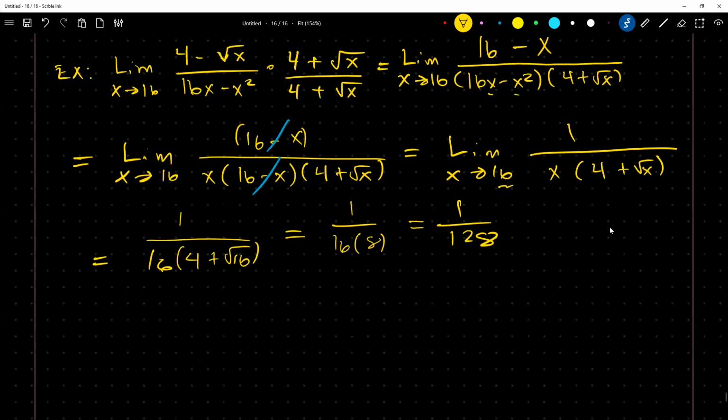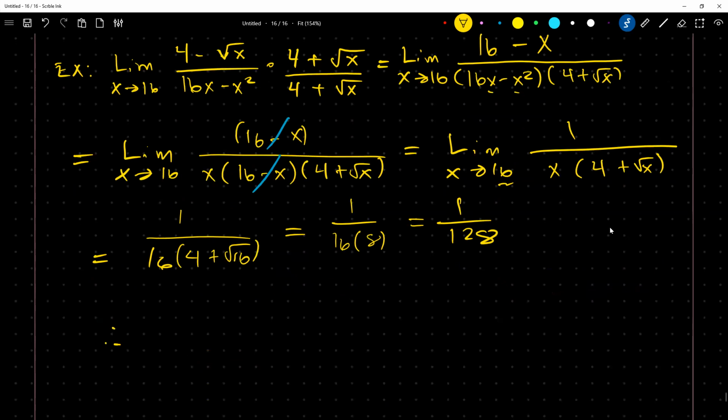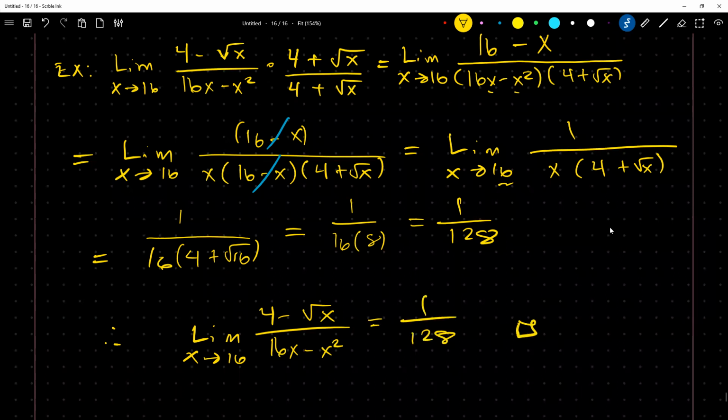Okay, so then I can write it down like this: the limit as x goes to 16 of 4 minus the square root of x divided by 16x minus x squared is equal to 1 over 128.